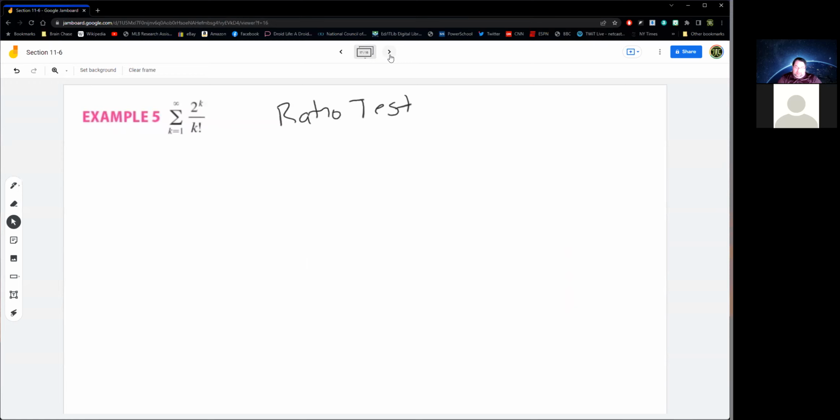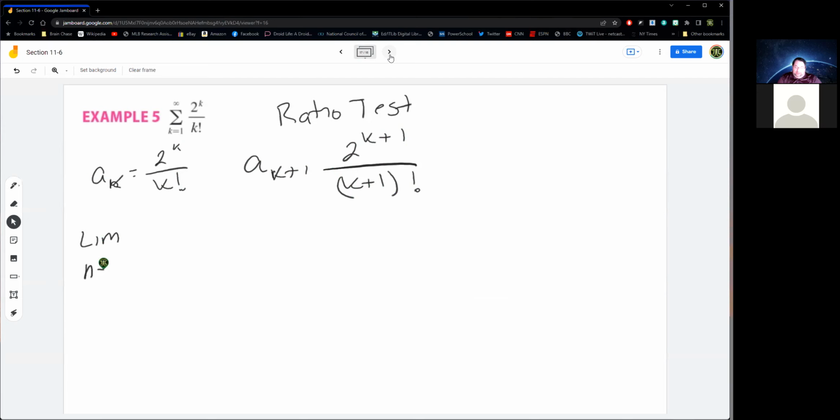So we've got a_k is 2^k over k factorial, and a_(k+1) is 2^(k+1) over (k+1) factorial. So we're doing the ratio: 2^(k+1) over (k+1) factorial, and I'm going to flip this up so I don't have to rewrite this twice, over 2^k.